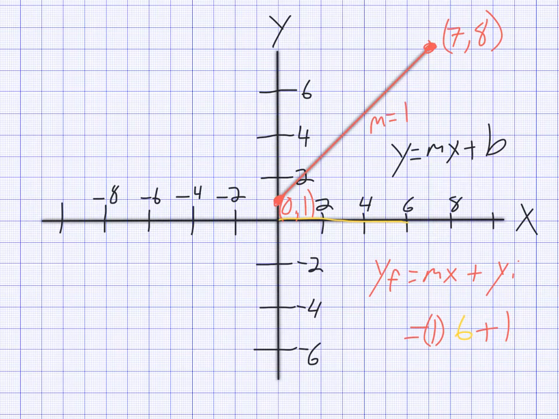So that means for this one, my y final is equal to 7. And you can see that's right. If I go over 6, I'm going to have to go up to the 7 marker to find where it is on a line. And they teach you that in all of these grade schools and things, saying, oh, just remember that.